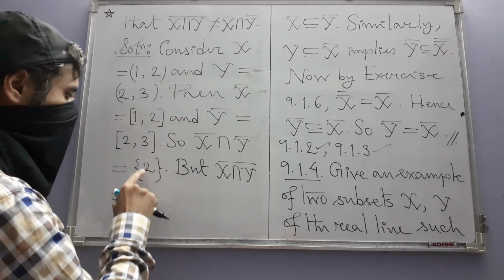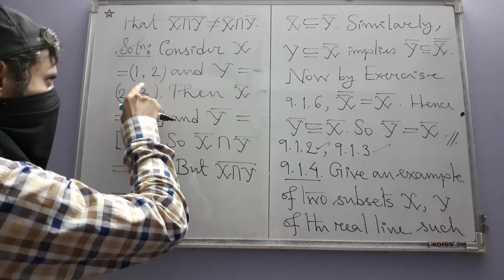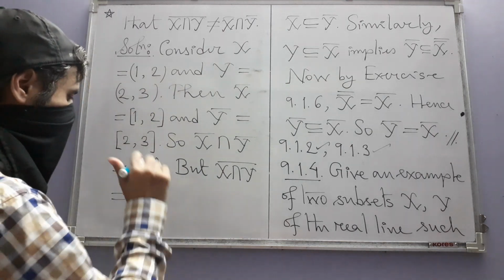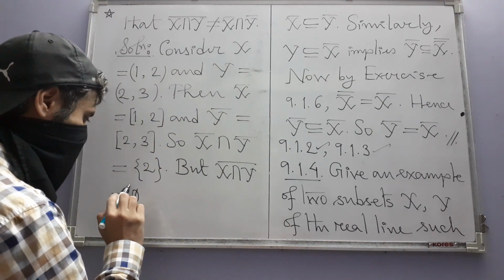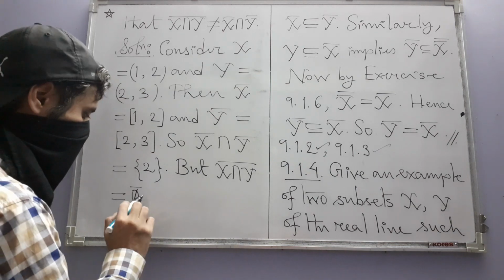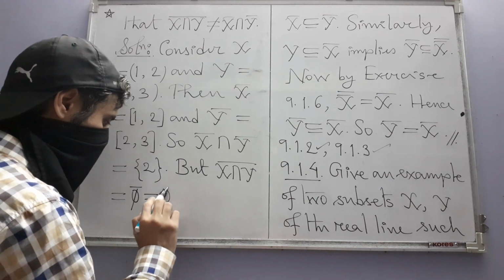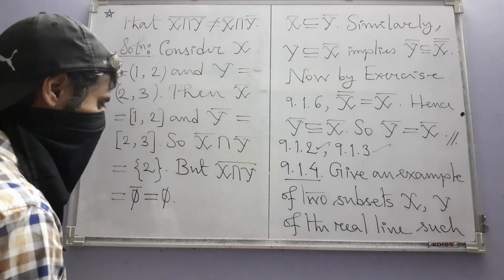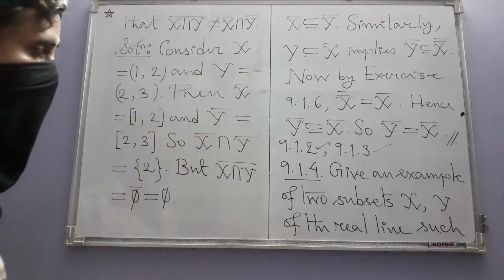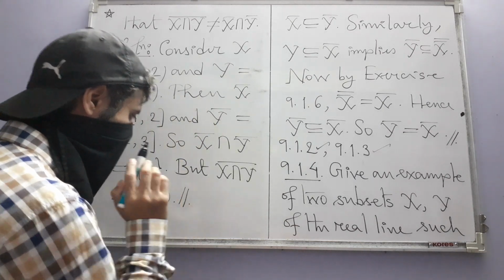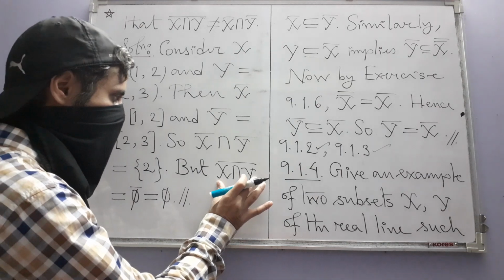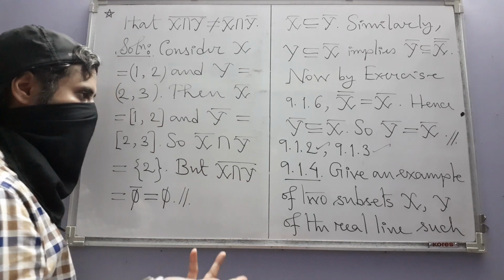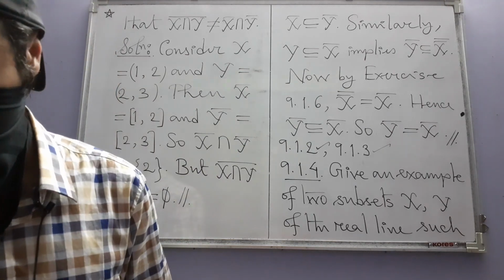That single common point 2 that we have here, that is not available here because 2 is not an element of either of these sets. So in this case the intersection is empty, but we already know that the empty set has the closure which is also equal to the empty set. So that's how you have inequality. In any case, this is a subset of this that we already have proved, but equality is not necessarily true.